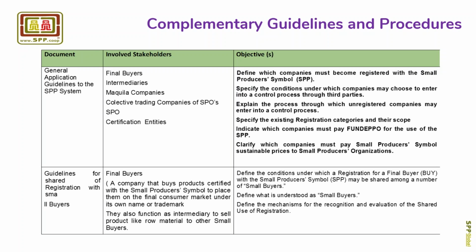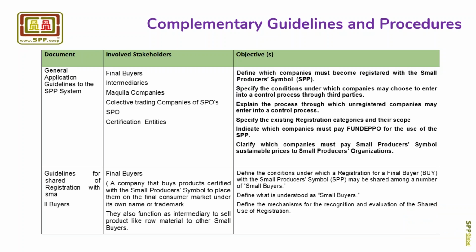It's not mandatory for an intermediary or for a maquila company to be registered in the SPP system, but they could have to be controlled. Controlled is the second one.